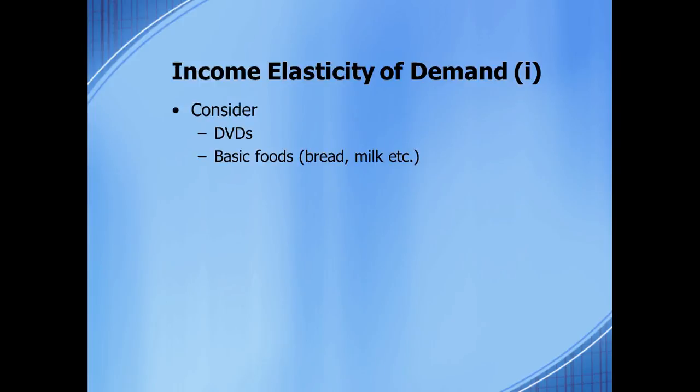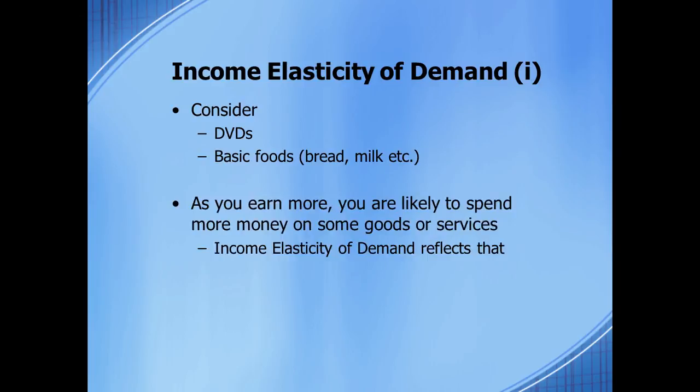If we were to consider two types of products, let's consider DVDs and with that things like movie downloads, Netflix. And secondly, we consider something like a basic food, bread, milk, cheese, etc. I think it's fair to say that as you earn more, you're likely to spend more money on some goods or services and less money on other goods and services.